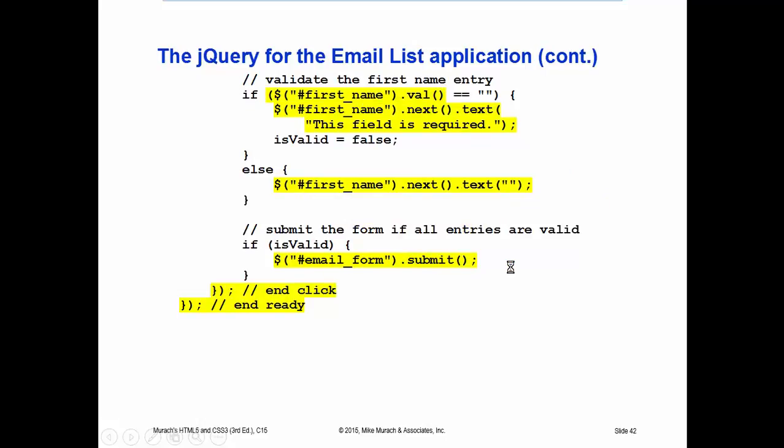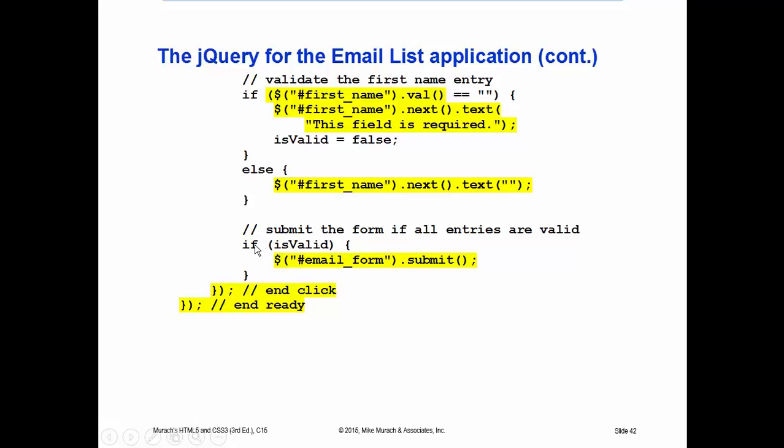Then we validate the first name, very similar to the way we validated it previously. And again, if it's empty, we say it's required, and we set is valid to false. Otherwise, there's something in there, so we set the error area to nothing.